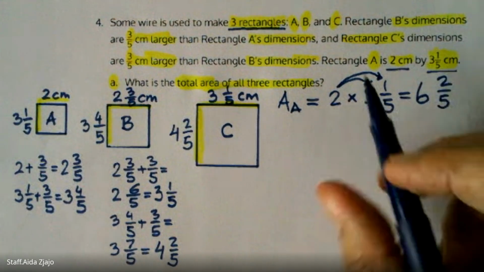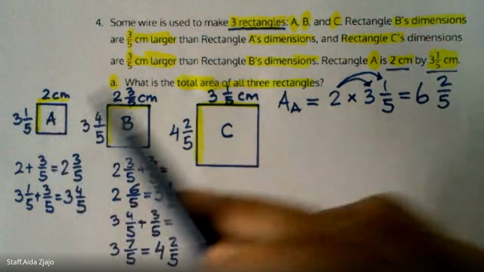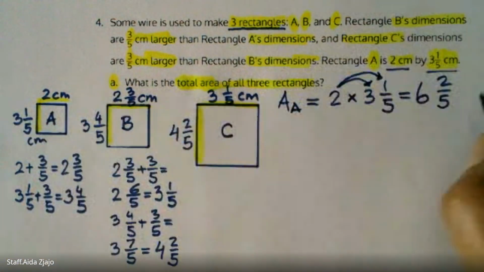Centimeters times centimeters is square centimeters.